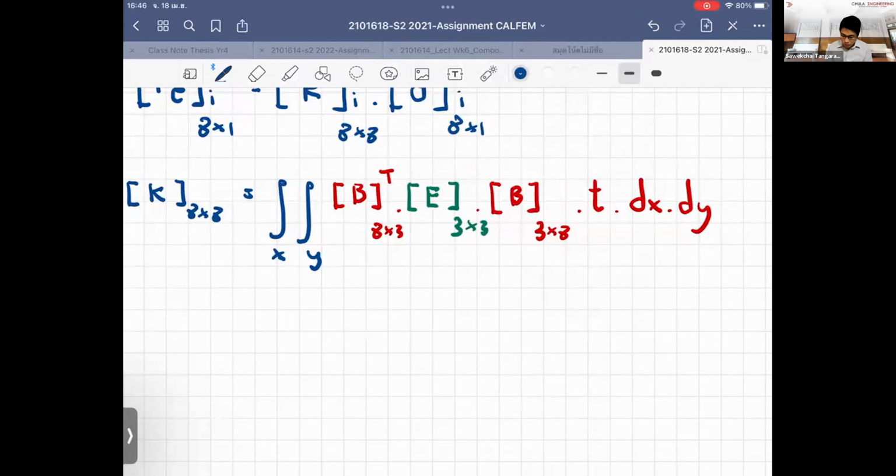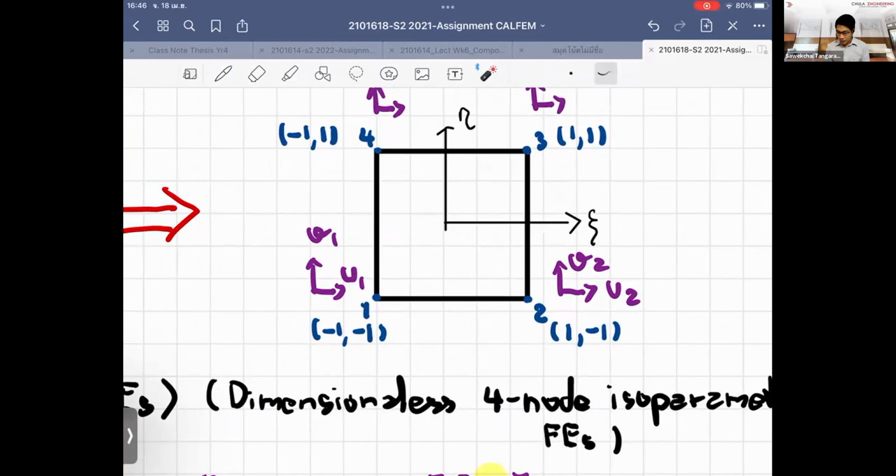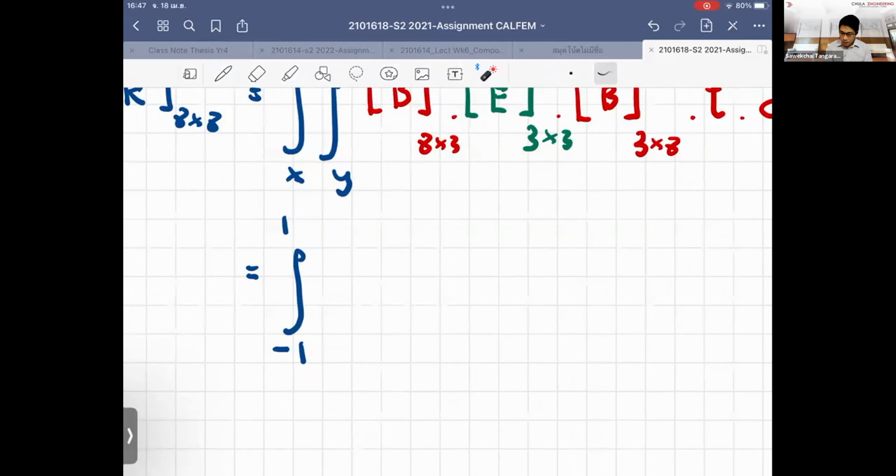We still do the double integration, but rather than integrating over the x and y coordinates, we integrate over -1 to 1. Because in our isoparametric element, in the xi direction we integrate from -1 to 1, and in the eta direction we also integrate from -1 to 1.